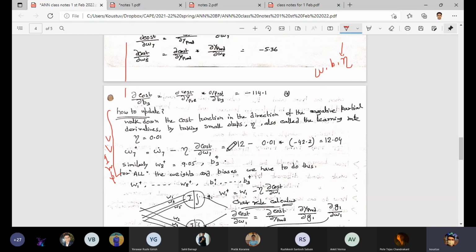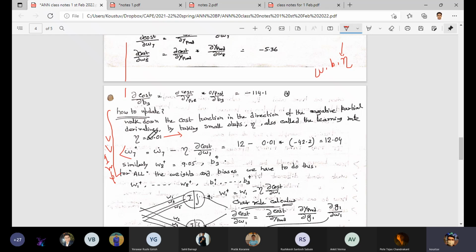So how do we calculate then? The updated value of W7 is the previous value of W7 minus, since we are moving in the negative direction, eta times del cost del W7. Here we have just taken eta as 0.01. We will talk about the learning rate and comment on this at the end, so hold on for that.